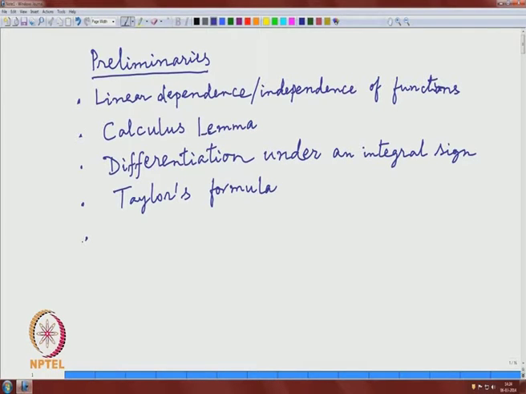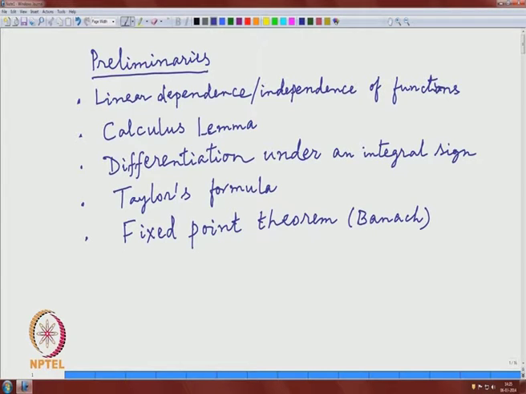And finally, we will also discuss some fixed point theorem and some related issues. So, this is referred to as Banach fixed point theorem. So, we are going to learn about that.